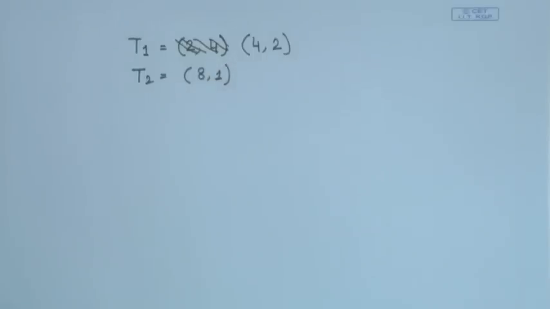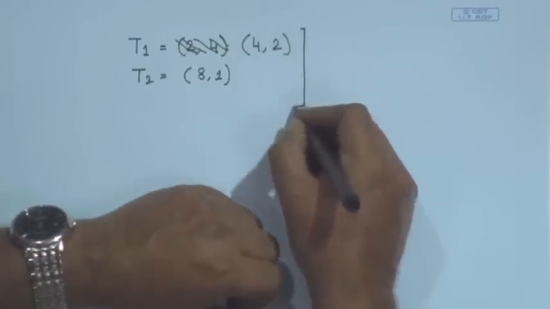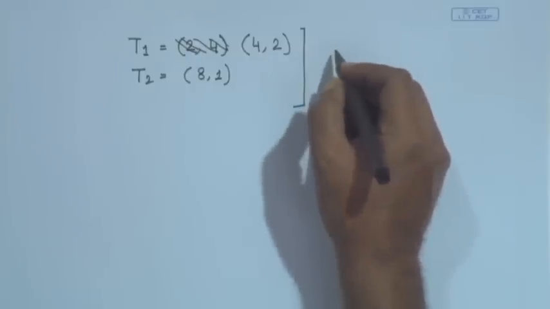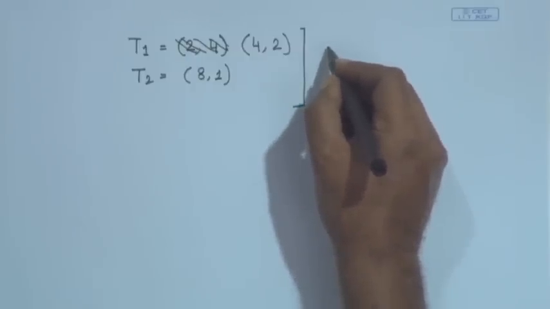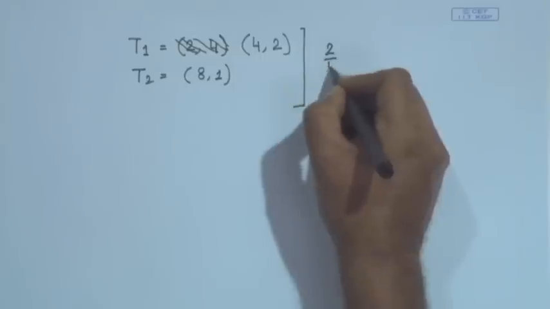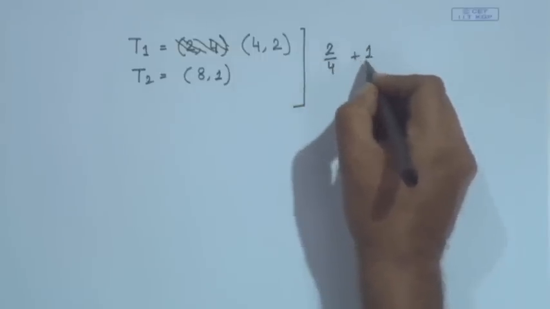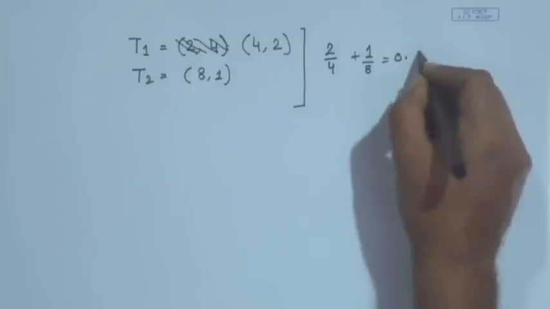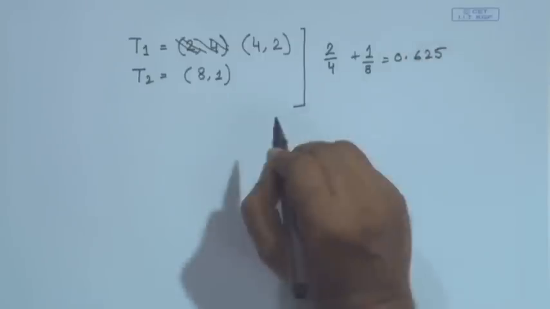All right. Now, let me do the schedulability check here first. What does the schedulability check tell me? The left hand side of utilization will be 2 by 4 plus 1 by 8, that is 0.625, right.